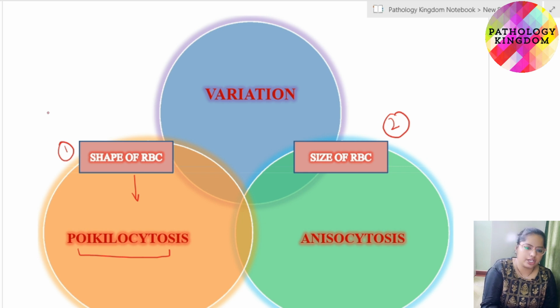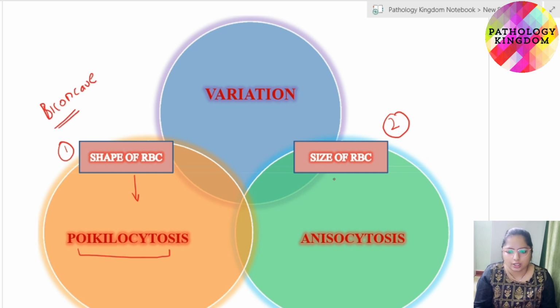That is, the normal shape of RBC is biconcave, which resembles a donut. Now the size of RBC. When there is any variation in size as compared to the normal, then this is known as anisocytosis.